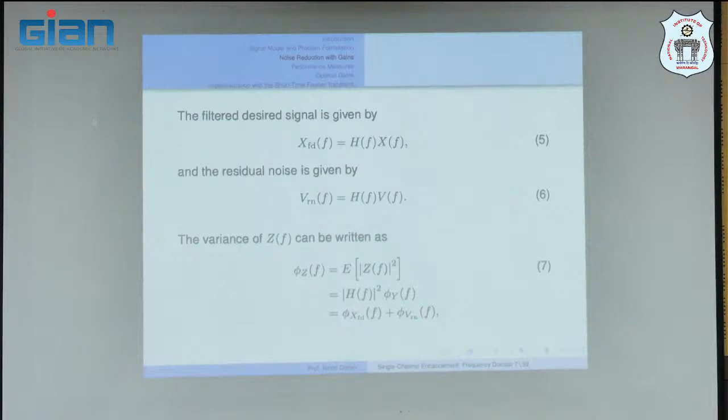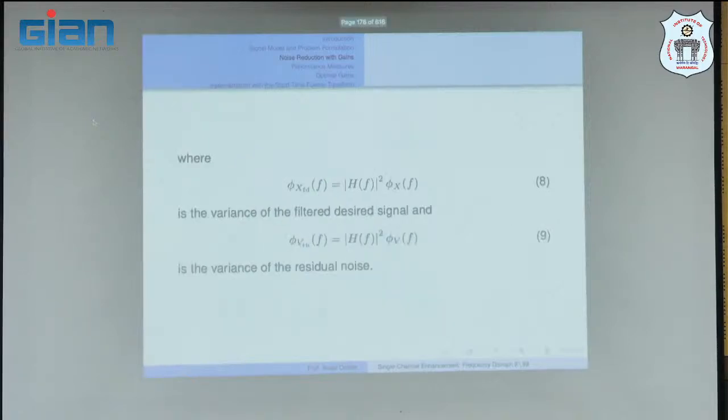One is the variance of the filter desired, and one is the variance of the residual noise. Okay? So we want to keep the filter desired, but we want to suppress the residual noise. And it looks like this. Okay, so it's simply multiplication with the H(f) magnitude squared.